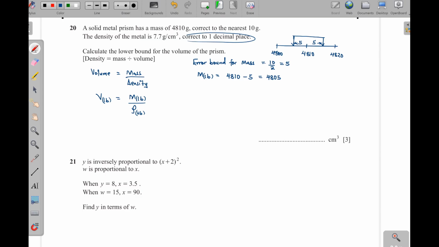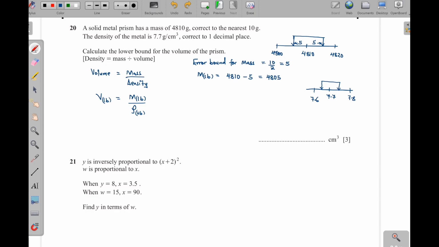Then we have the density. Density here is correct to 1 decimal place. So if it is correct to 1 decimal place, we can have something here like this, and we have the 7.7. Then here 7.8, and then here 7.6. This one also starts in the middle here and then ends here. So a decimal place is 0.1.